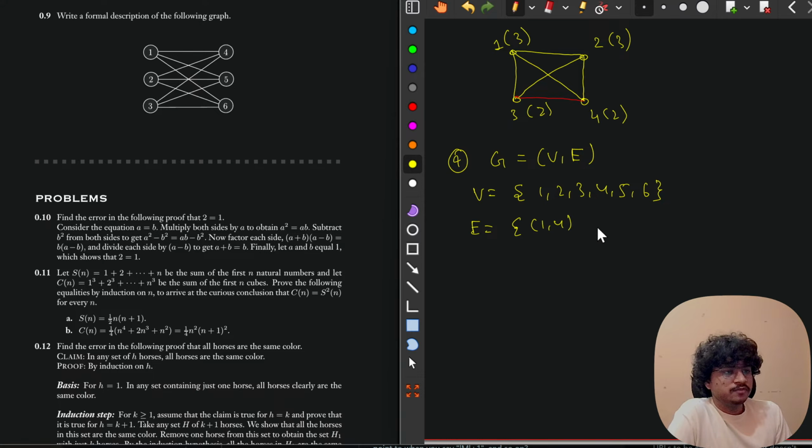I see connection between 1 and 5 and 1 and 6. Then 2, 4, 2, 5, 2, 6. Then 3, 4, 3, 5, 3, 6.